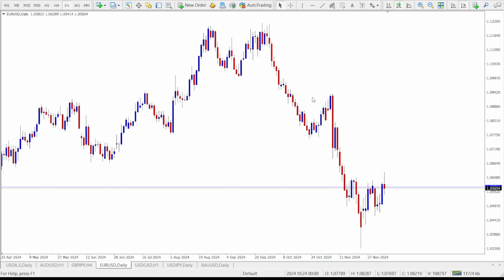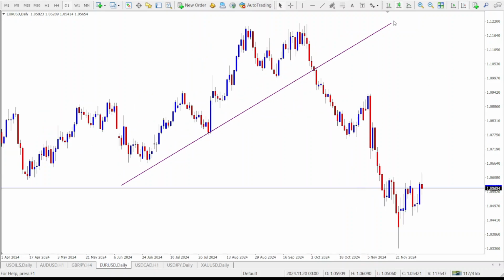Now, the first thing is to open your initial trade. Let's say that this is a bullish trend, and we want to open a trade in the direction of the trend. You have to start by identifying a strong trend or market setup that aligns with your analysis.